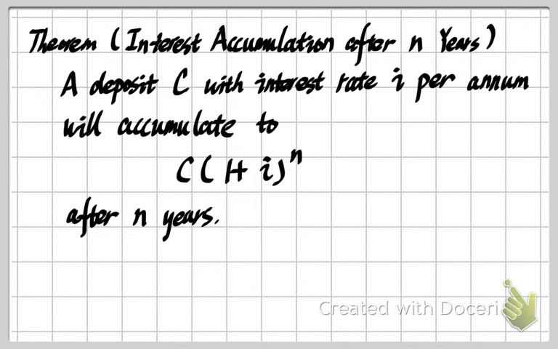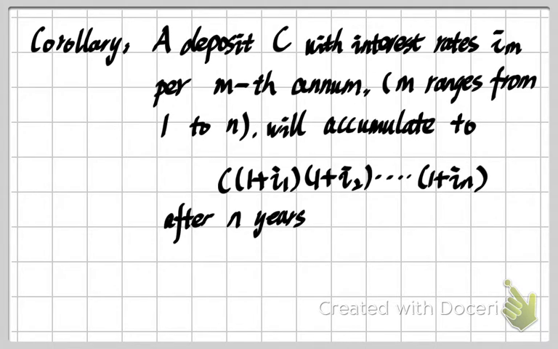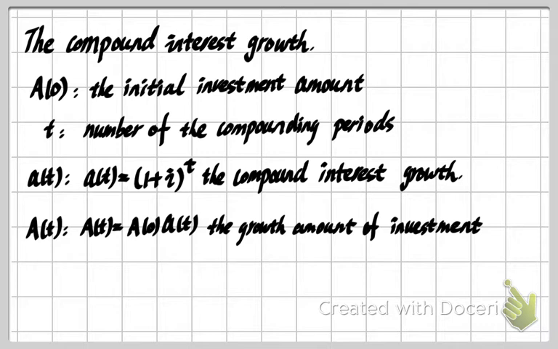Okay, so in the last lecture, we already know we can compound our interest, which means at the end of each compounding period, we reinvest the interest we earned into the investment again. And we also have the notation for how we can compute the accumulation after t periods of compounding.